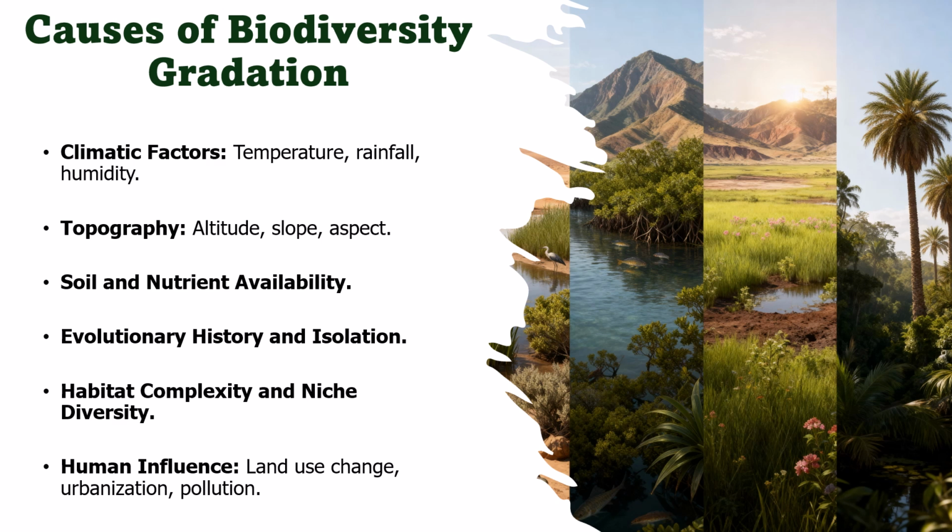Evolutionary history and geographic isolation contribute to speciation and endemism. Habitat complexity and niche diversity allow multiple species to coexist by reducing competition. Finally, human activities like land use change, urbanization, and pollution can alter or reduce biodiversity along natural gradients.